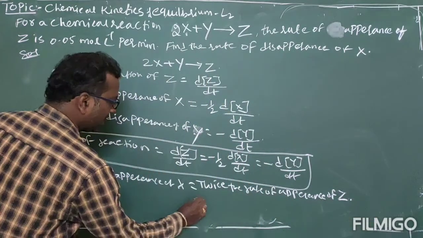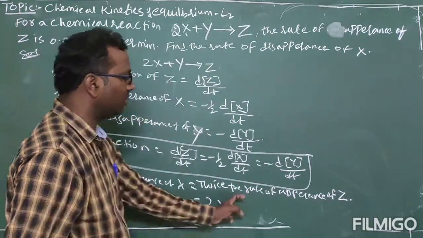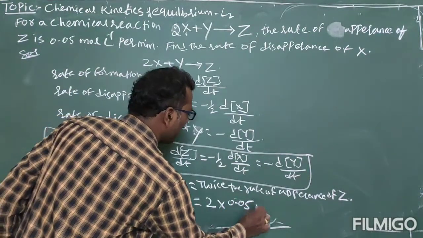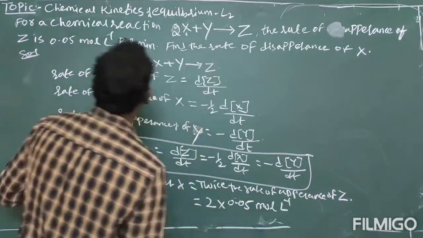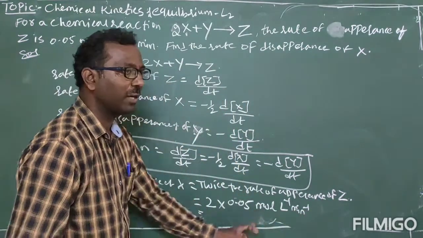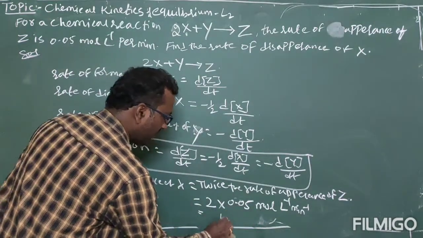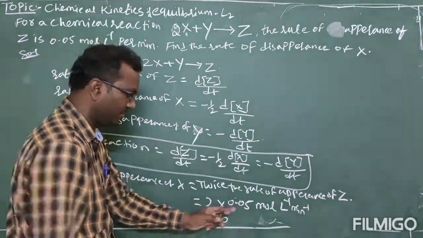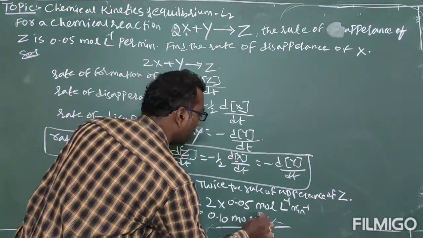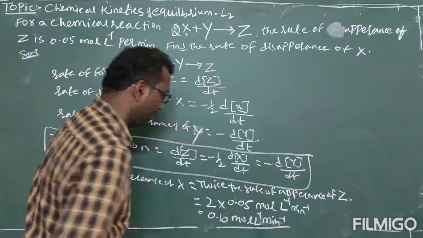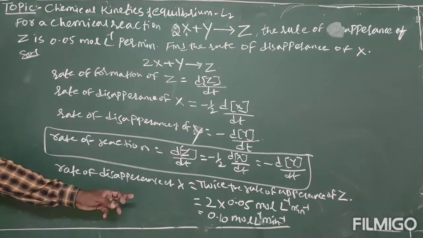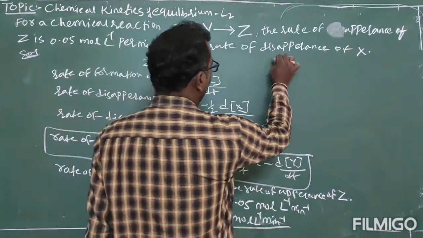Is it or not? So twice means 2 into, what is the rate of appearance of z? 0.05 mole liter inverse per minute. So 2 into 5 is 10, after 2 places. So it is 0.1 mole liter inverse minute inverse. Okay? 0.10.